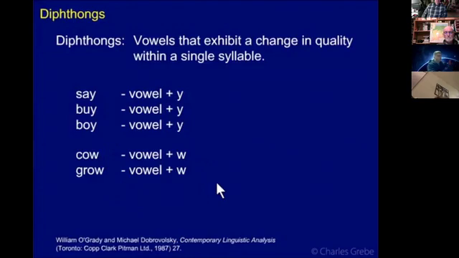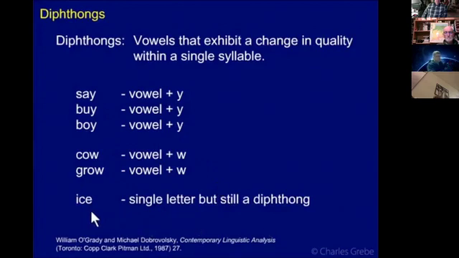Now these aren't the only diphthongs. Some diphthongs in English, just to throw this in here, don't need to have two letters. A single letter, but still a diphthong, like ice. There are others, but these ones in particular interested me.